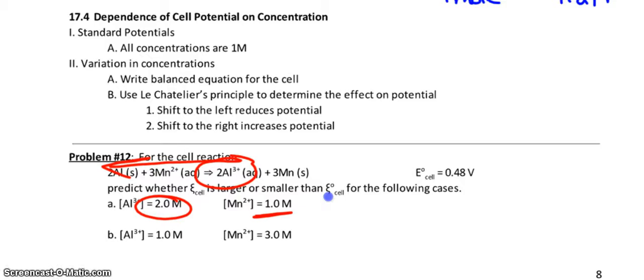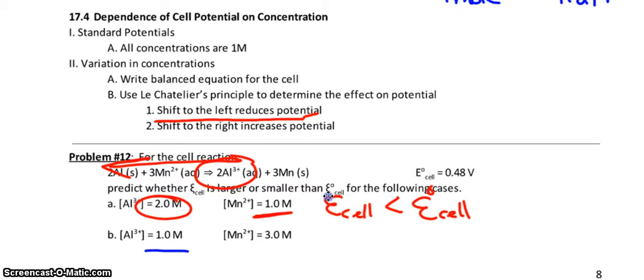If it shifts to the left, the potential is going to go down. It's going to reduce it. So here, the E of the cell is going to be less than the E of the cell at standard concentration.